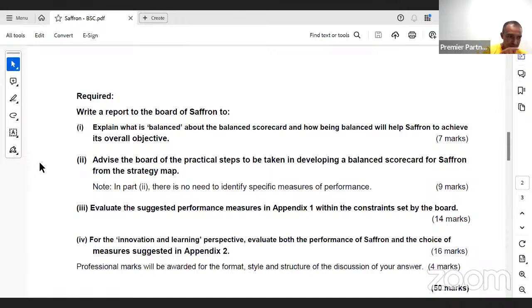The key here is multiple perspectives, which helps an organization better align their strategies with their objectives and measure progress effectively.